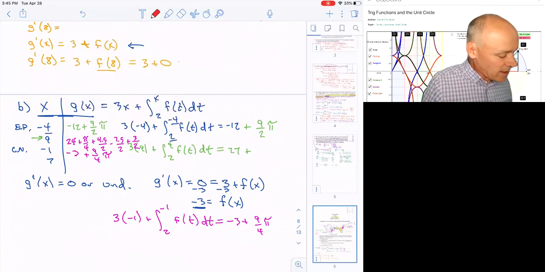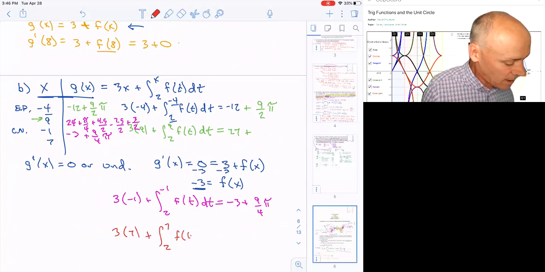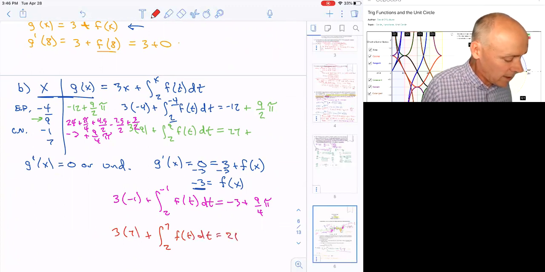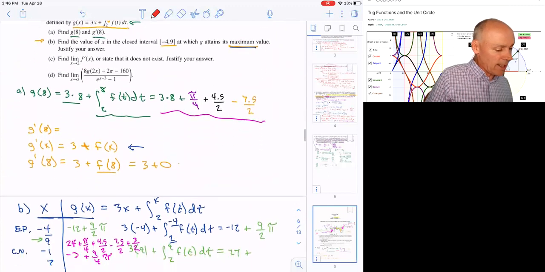And last but not least, g at 7. So I'm 3 times 7 plus the definite integral from 2 to 7 of f of t dt, which is equal to 21. Okay, now here, 2 to 7, I did g at 8.